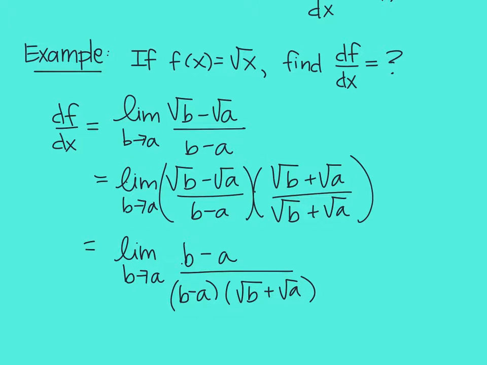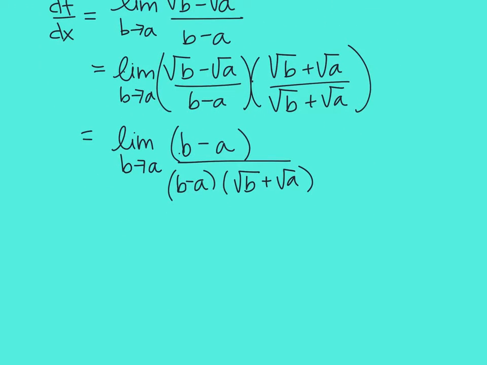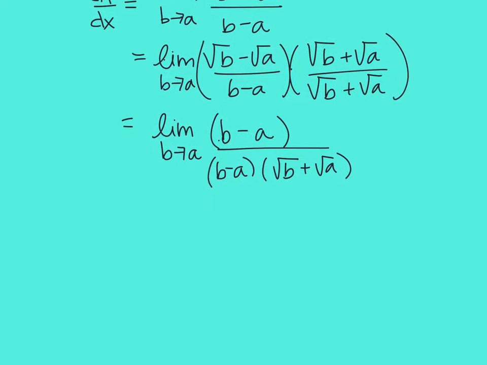And so what we end up with is a reducible situation. We end up with the quantity b minus a in the numerator that can be reduced with what was previously in the denominator. So those two things will reduce, leaving me with the limit of b approaching a of 1 over the square root of b plus the square root of a.